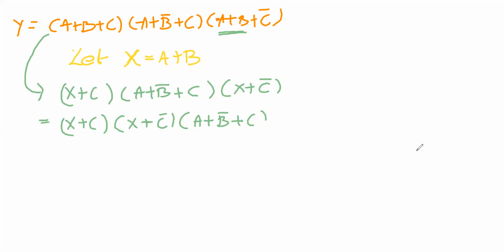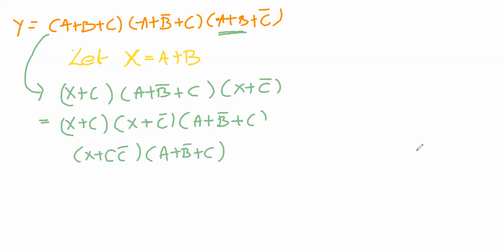So it can be X plus C into C bar, X plus C and with C complement, into A plus B bar plus C. What will be the C complement? Any variable and its complement is always 0.